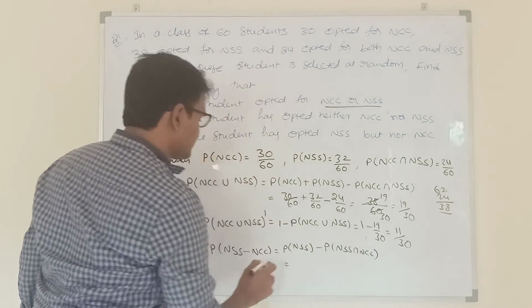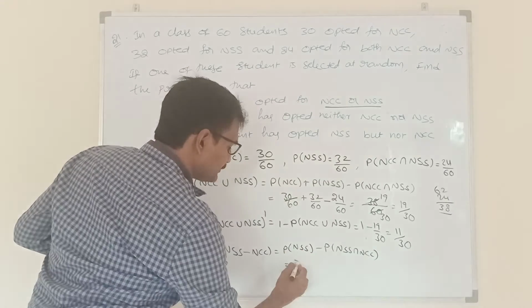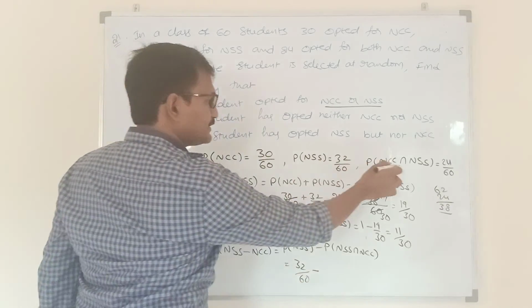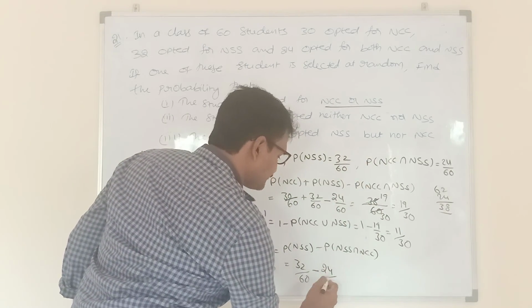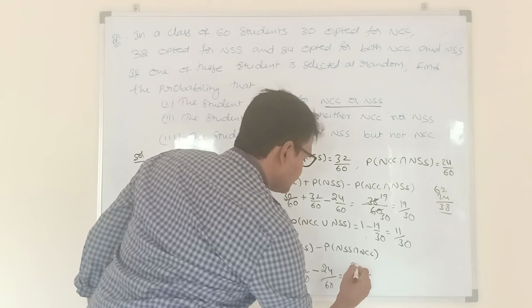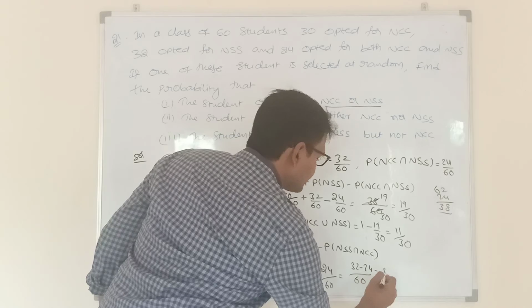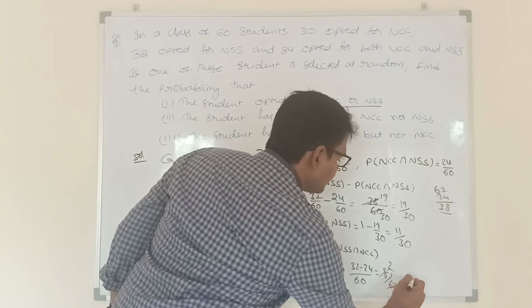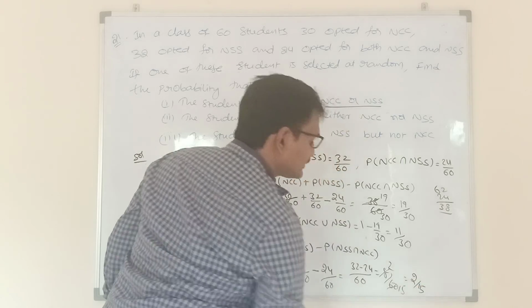So P of NSS is how much? 32 by 60 minus the intersection, 24 by 60. So the LCM is 60. 32 minus 24 is 8 by 60, which is 2 by 15. That is the answer for the third problem.